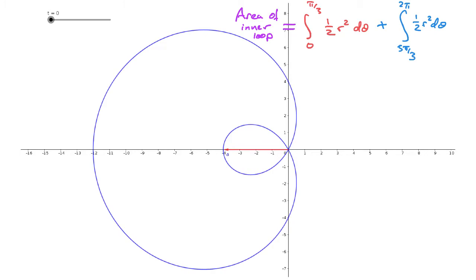Now, out here at our midway point through our curve, we have theta equal to pi, because we're halfway through our curve parameterization.